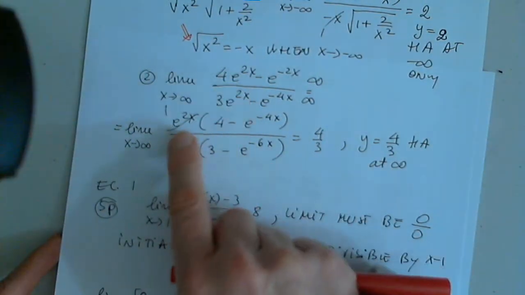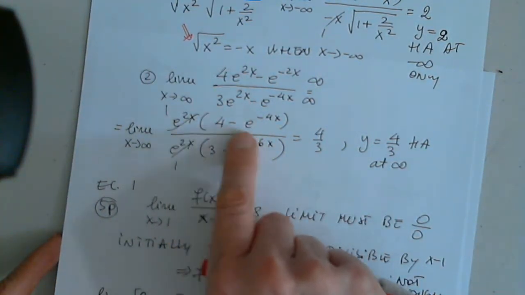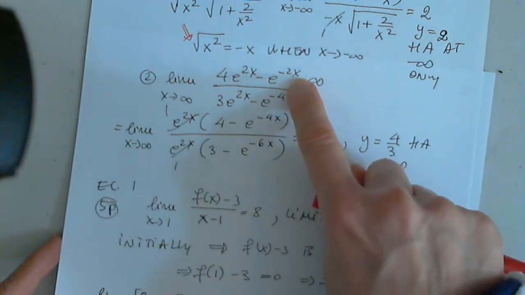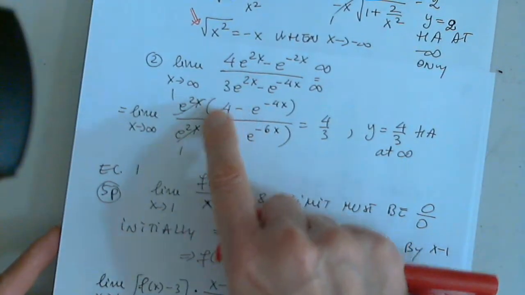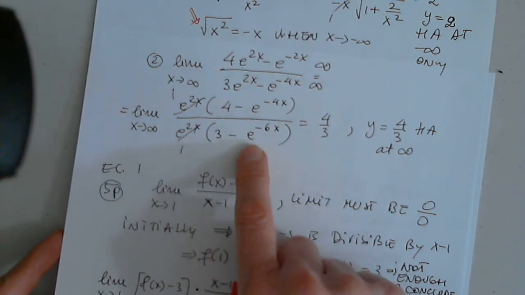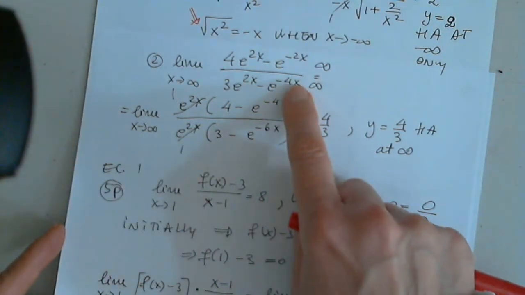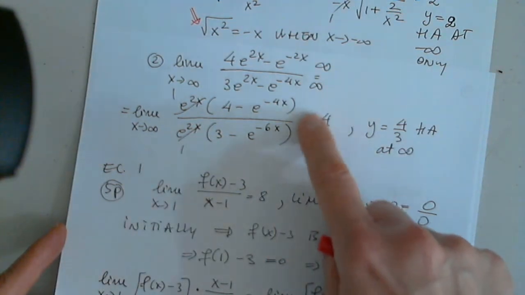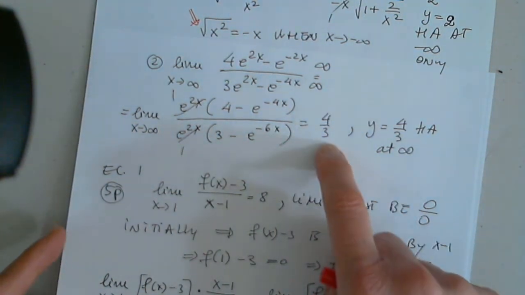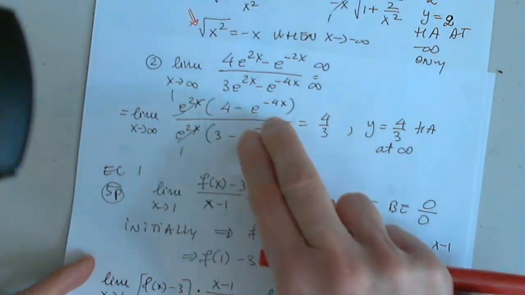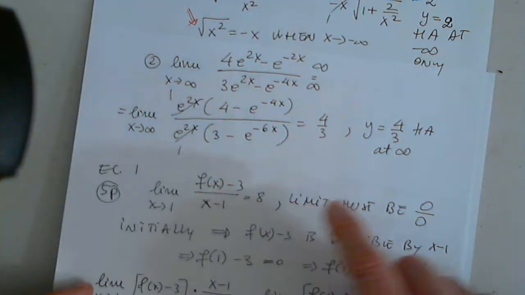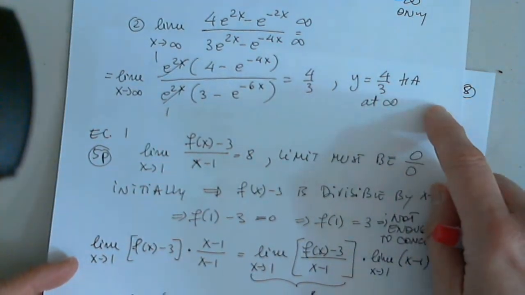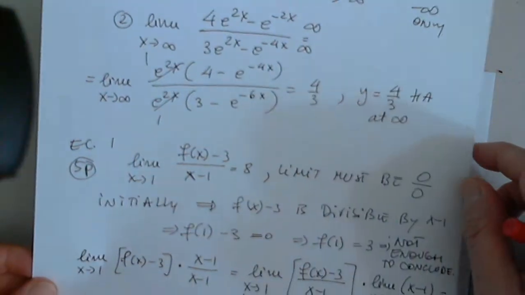This times this is this times this, copy the base, add the exponents. In the same way I factor out e to 2x in the denominator, I get 3 minus e to negative 6x. Negative 4x divided by e to 2x will become e to negative 6x. So the answer is 4/3 because this will go to 0, this will go to 0 when x approaches infinity. So 4/3 is the horizontal asymptote at infinity.